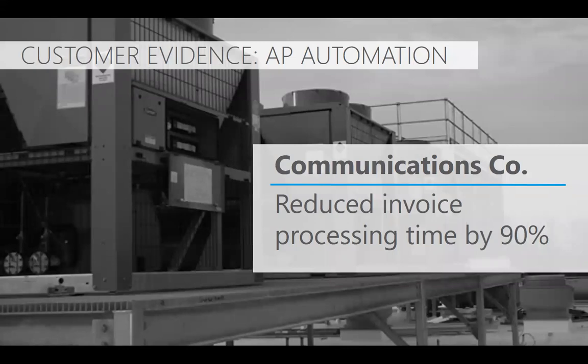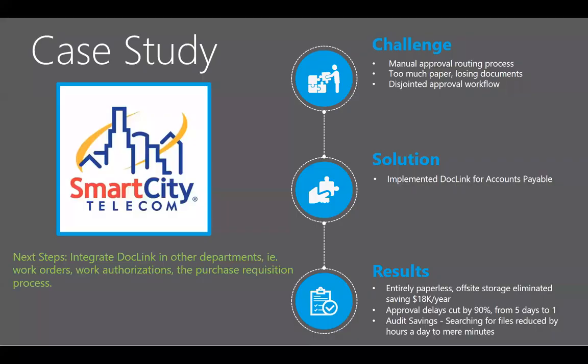Here's a communication company called Smart City, a growing telecommunication company, following multiple mergers and acquisitions, and a leading provider of event technology services nationwide. The company wanted to make the approval process for invoices more efficient and was motivated also to go green, right?